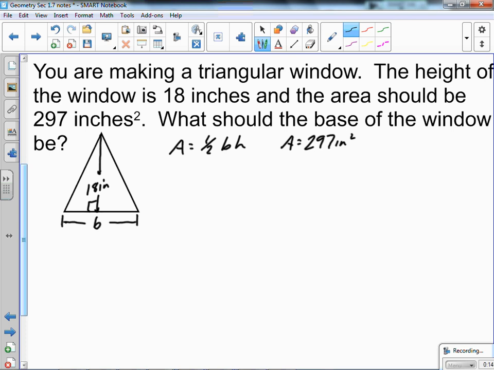So plug that into the equation, and we have 297 inches squared for the area. It's going to equal 1/2 of the base, which is what we don't know, times the height, 18 inches. It's going to give us 297 inches squared equals 1/2 times 18 would give us 9 times b inches.